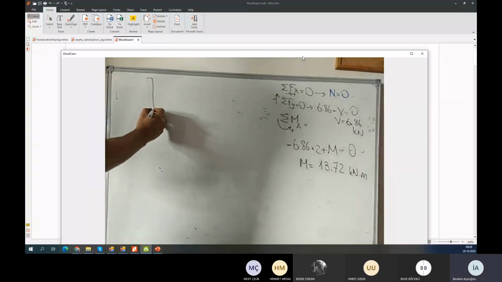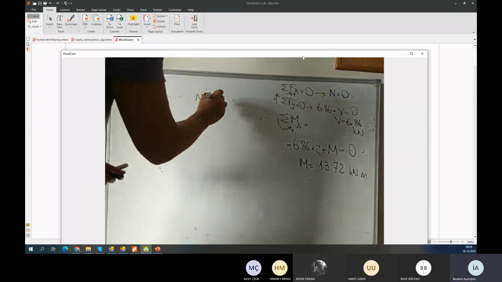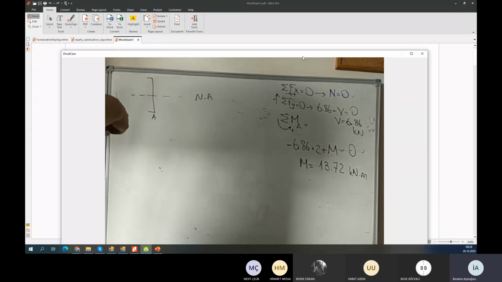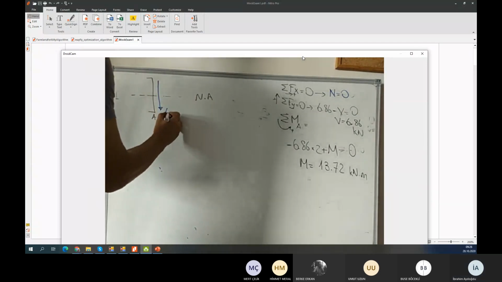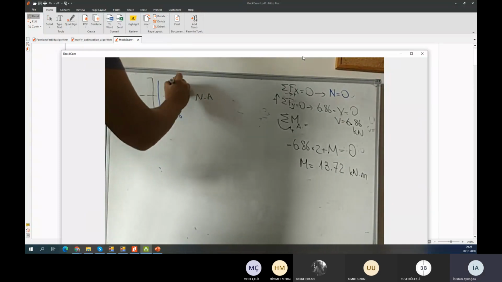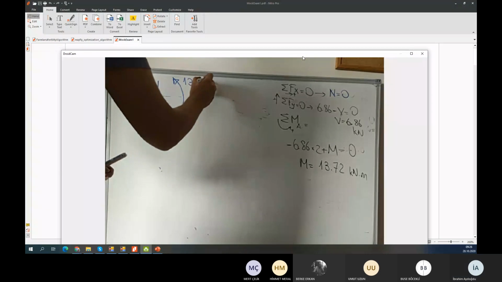This is the cross section A. This is the neutral axis like this. Our internal effects: we have a shear force in the down direction, 6.86, and we have a moment, its value is 13.72.